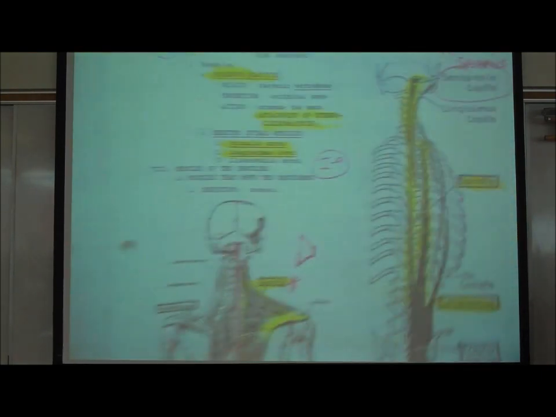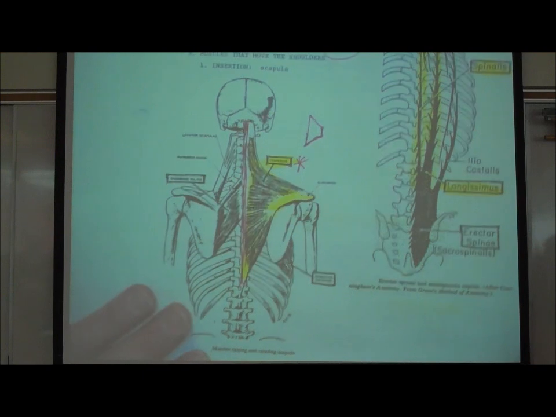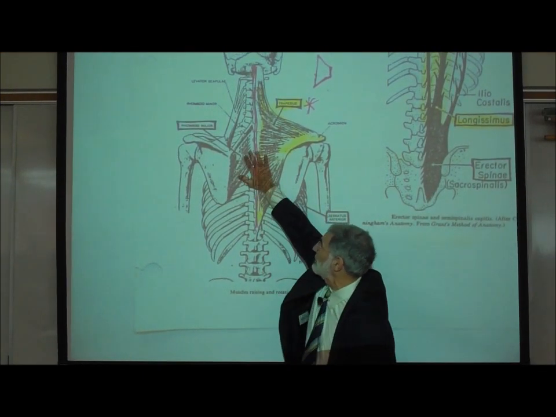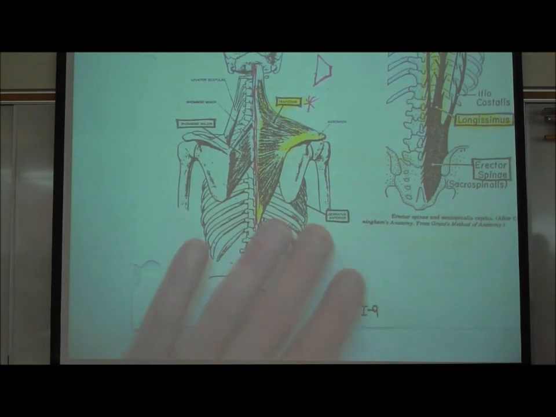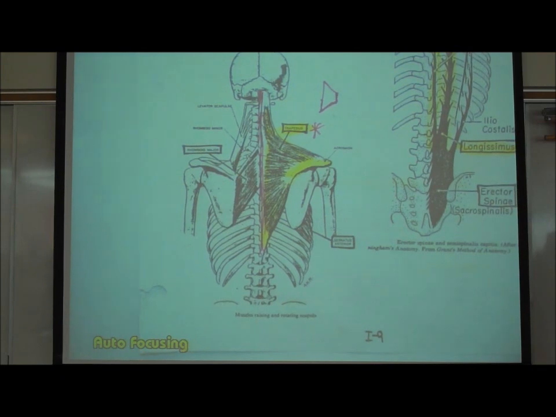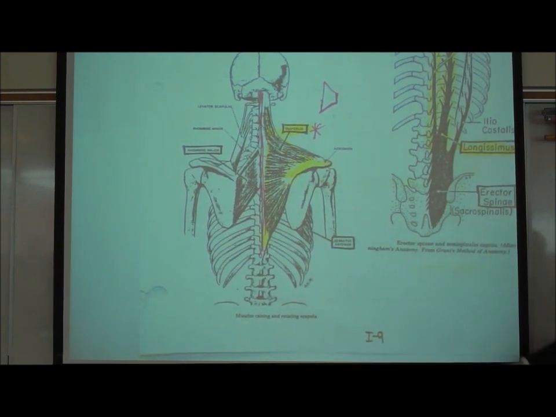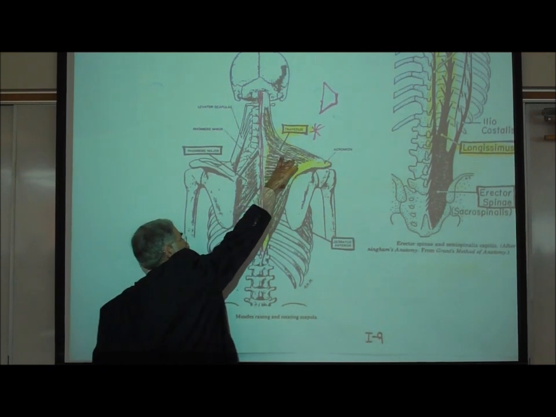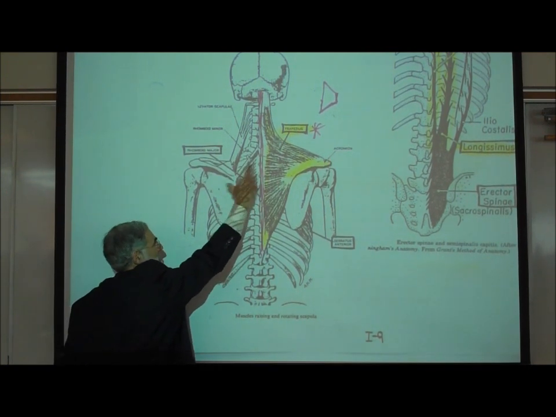We can see them pictured on I-9. On I-9, the rhomboideus is shown right here. It's actually underneath the trapezius. You have to remove the trapezius or pull it to the side to see the rhomboideus. The rhomboideus is a much smaller muscle than the trapezius. It's a helper, a synergist.